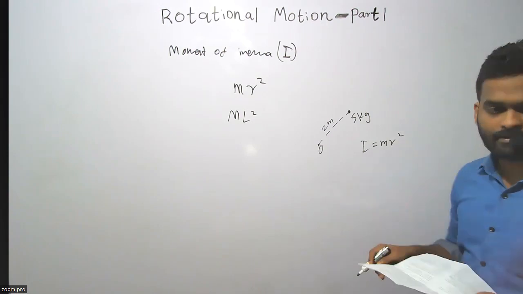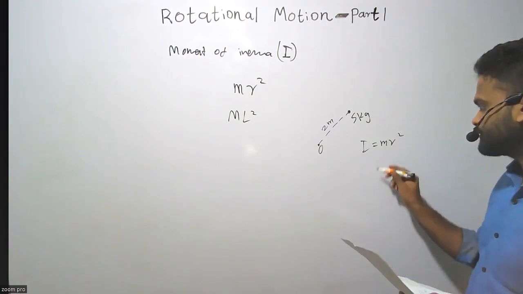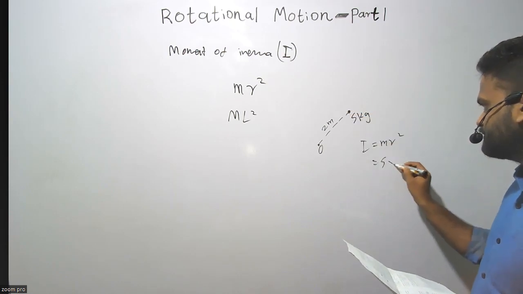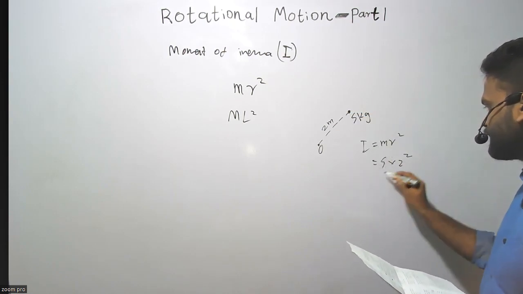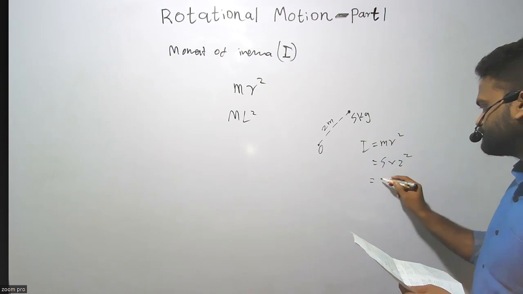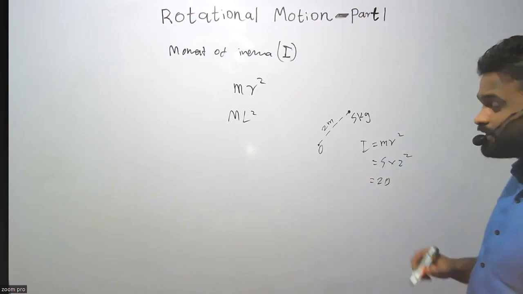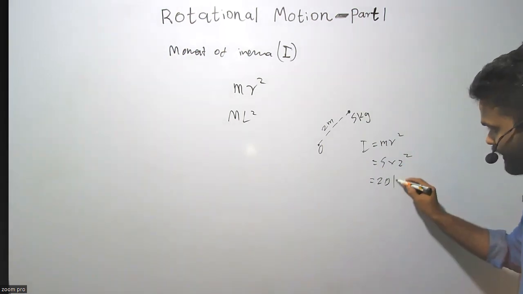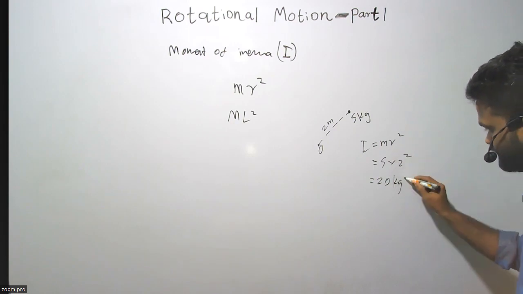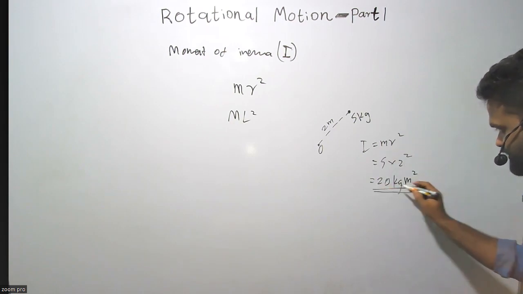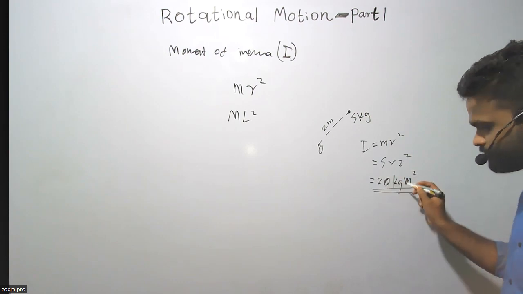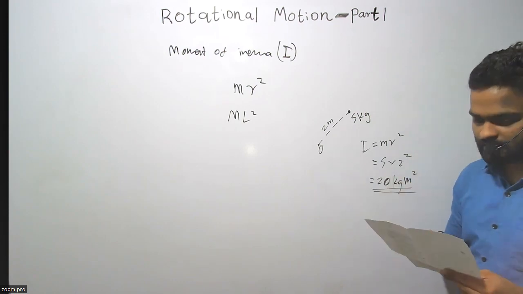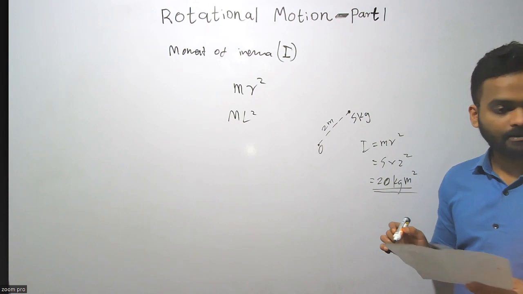Simply M R squared. Correct? The mass is 5, distance is 2, 2 squared. So 5 times 4, 20. What's the unit? Kilogram meter squared. Clearly put the units there, right? 20 kilogram meter squared.